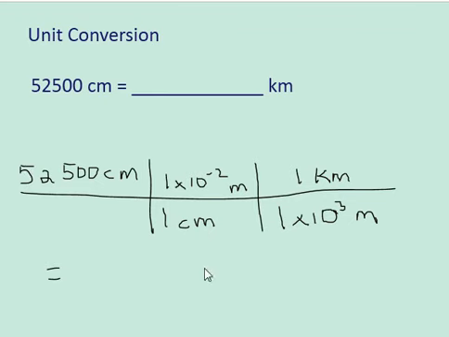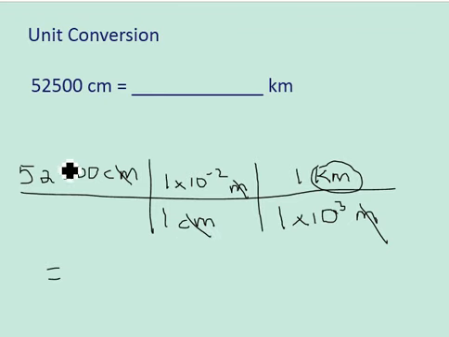Here's my known. I want to first get rid of the centimeters and take it to that base unit of meters. All right, so here my centimeters will go away, and now I know my answer would be in meters. Well, now I want to go from meters to kilometers. Again, I can do something with my meters here and get me to my kilometers. So my kilometers are my final units that my answer will be in.